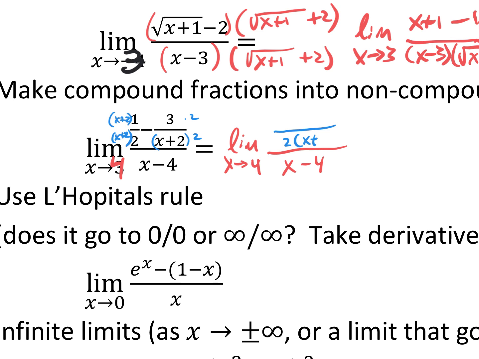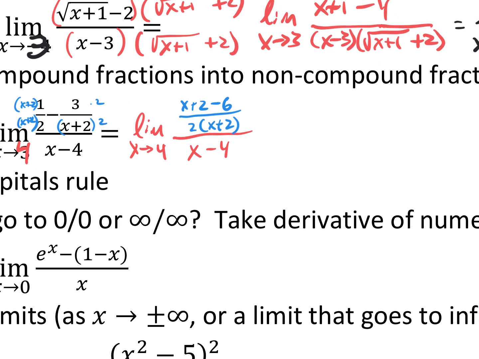Okay. Don't distribute unless you know it's going to do something for you. So I'm not going to distribute that. On top, we get x plus 2 minus 3 times 2 is 6. Okay, and now if we clean that up, let's keep going here. We've got limit as x goes to 4, x minus 4 on the bottom.